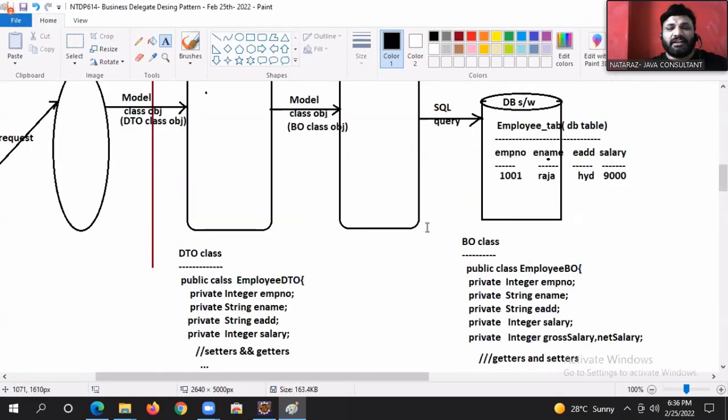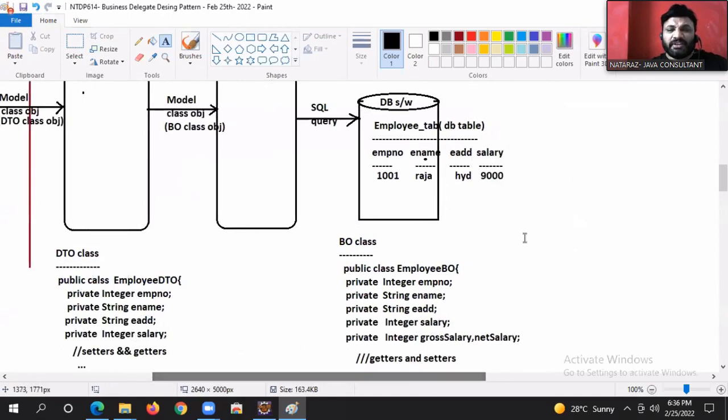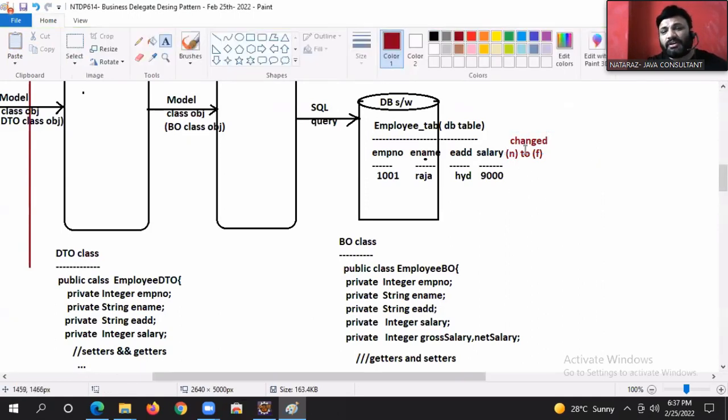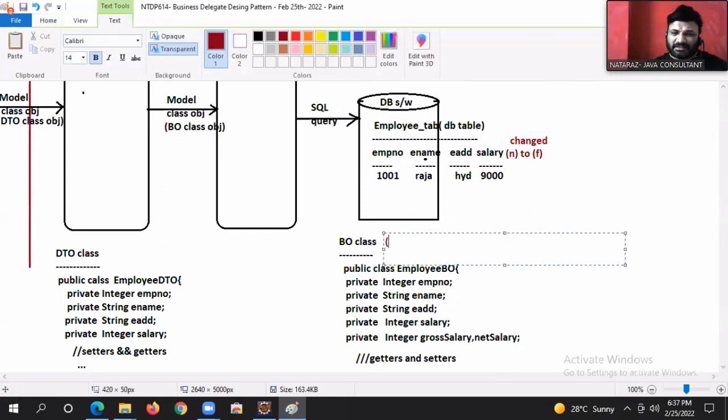All of a sudden in the business tier, we changed salary from number type to float type, guys. The BO class is at which side?